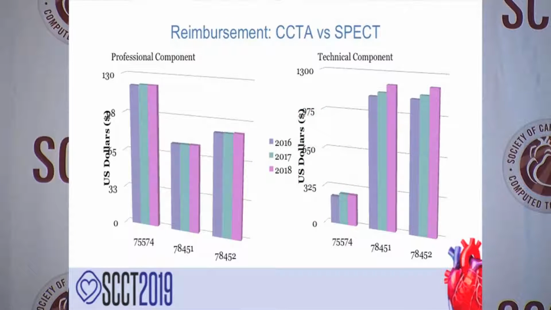So if you compare reimbursement for cardiac CT for the professional component between CT and SPECT, what you can see is that cardiac CT is relatively well compensated with respect to the functional SPECT testing for the evaluation of coronary disease.